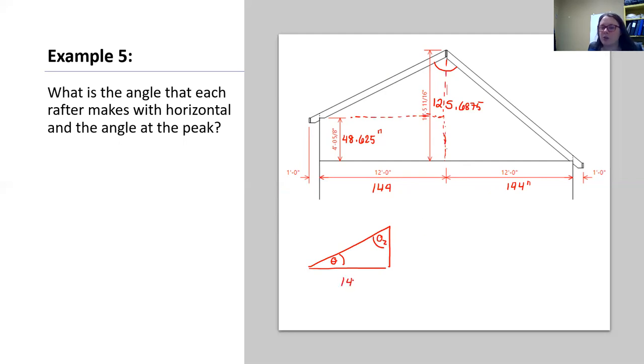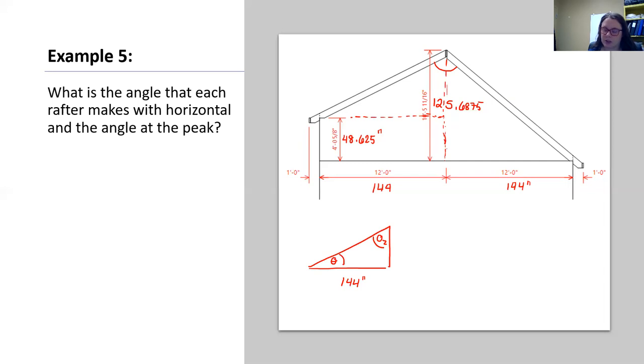So we know we have 144 inches, and then here on this edge, it's going to be 125.6875 minus 48.625. Oops. I'm going to double check.